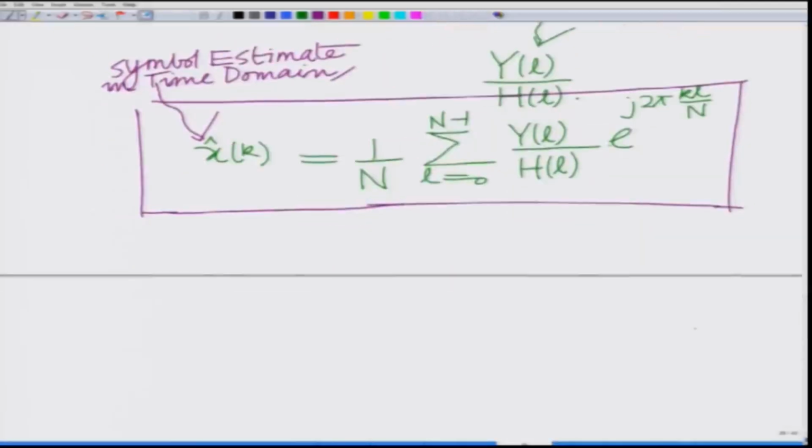And in fact, one can also at this point substitute n equal to 3, n equal to 4. Let us also do that for the sake of completeness.